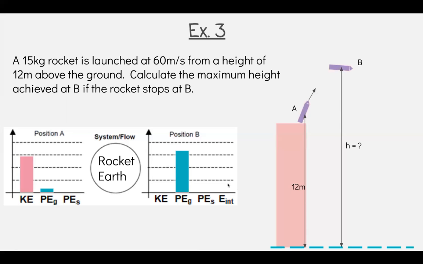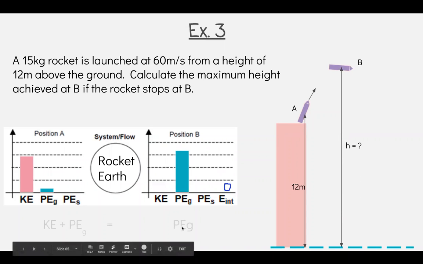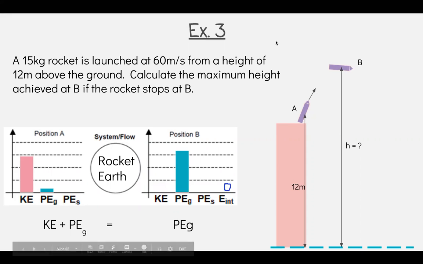So this E_int is going to be 0 because we're assuming there's no air resistance or friction, no loss to heat. So my equation looks like kinetic plus potential equals potential. So let us substitute and solve some things.